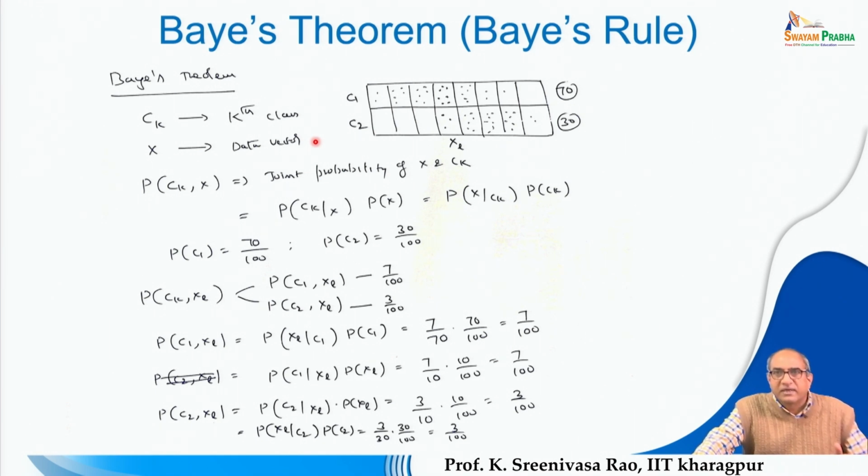If you try to recollect, the two classes are: class 1 corresponds to the alphabet A, a cursive script or human written symbol, like a handwritten character, and similarly class 2 corresponds to the handwritten character B. Based on the shape of the characters, for class 1, that is alphabet A, the height by width ratio will be smaller, whereas for alphabet B, the height by width ratio will be higher.